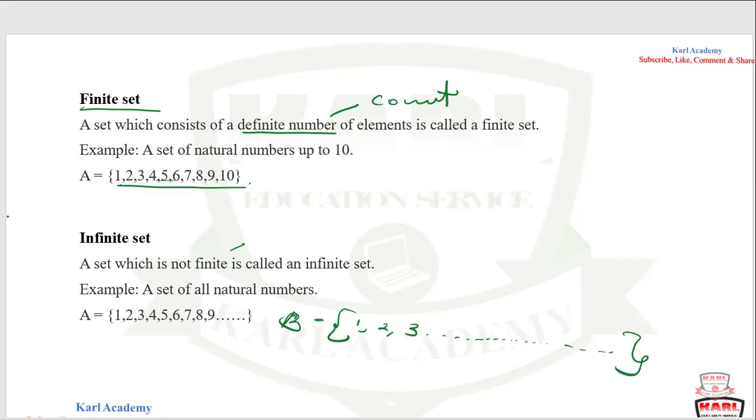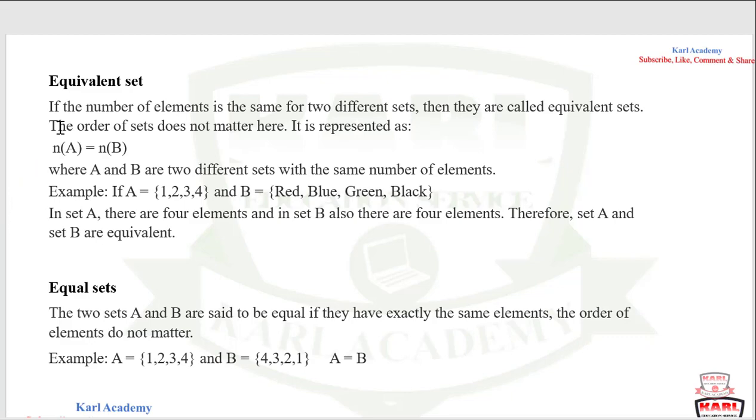We call that an infinite set. Then the next type of a set we have is the equivalent set. Here, if you have two different sets, they are equivalent if the number of elements in each set is the same.